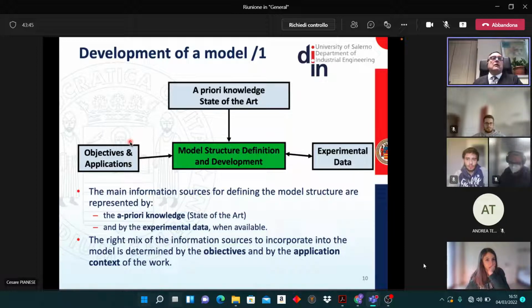This means, for example, that you are working in the food industry, and your fluid is tomato juice. But if you are working in medical equipment and your fluid is blood, the objectives are completely different.